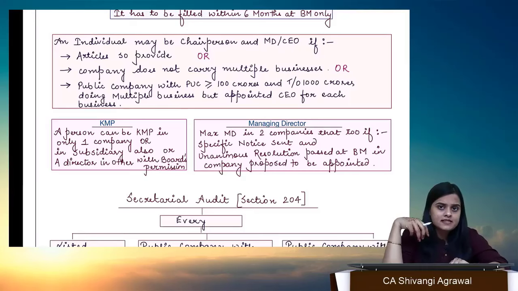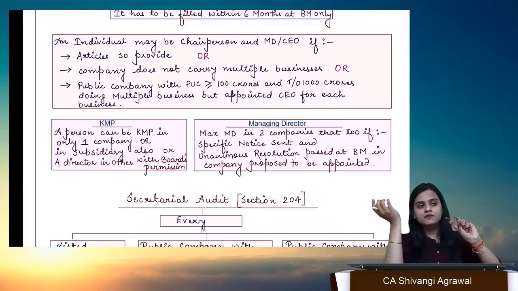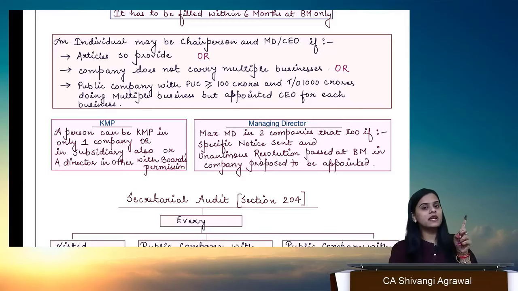Whatever the board tells them, they are going to perform. Whatever the articles and the act tell them, they are going to do. They have to ensure compliance with the act and compliance with the secretarial standards. That's very important. And of course, perform the duties which are entrusted to them through the act or through the board.